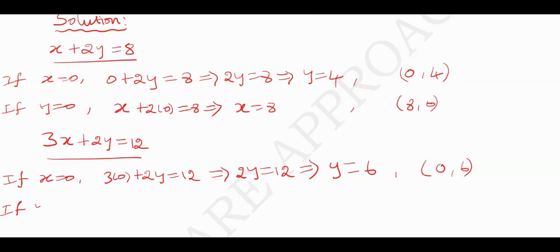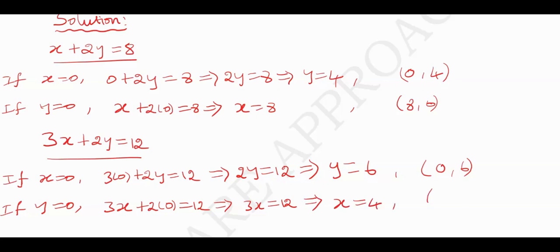And if we give y is equal to 0 in the above equation, then 3x plus 2 into 0 which is equal to 12. From this, 3x is equal to 12, which implies x is equal to 4.